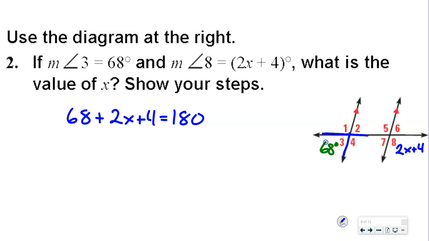Can simplify. Subtract 72 to both sides.